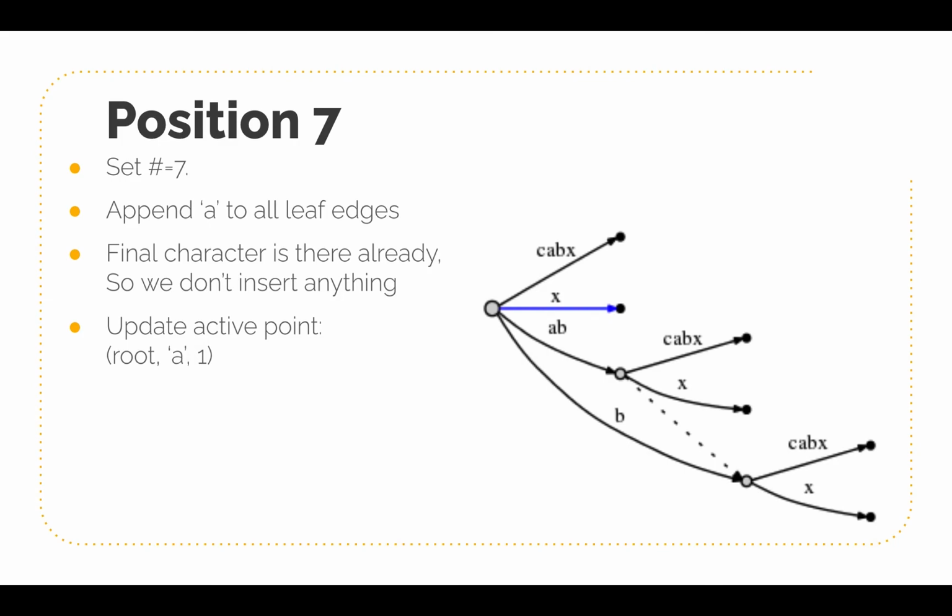So we will proceed to step 7 by setting the current position to 7, which automatically appends the next character A to all leaf edges as always. Then we attempt to insert the new final character at the active point, or the root, and find that it is there already. So we end the current step without inserting anything and update the active point to root A1.